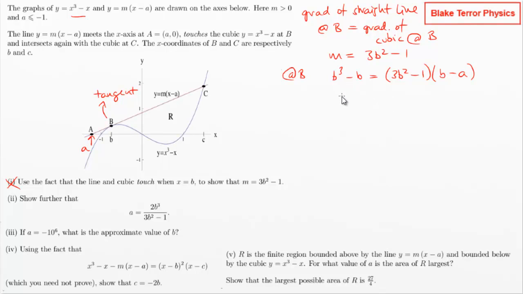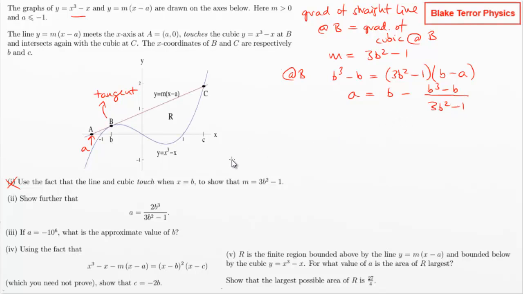I just want to divide through, leave the b there. Okay, so anyway, we've got a is b minus b cubed minus b divided by 3b squared minus 1.